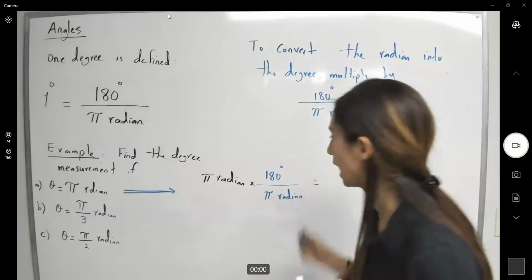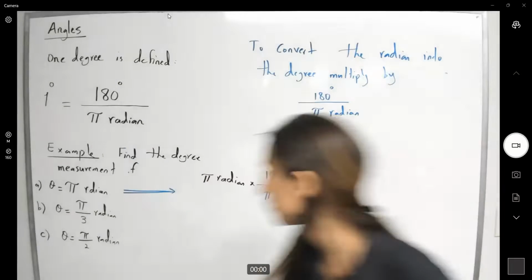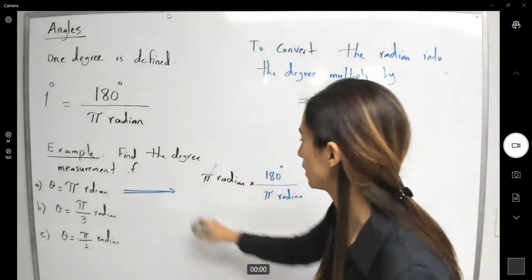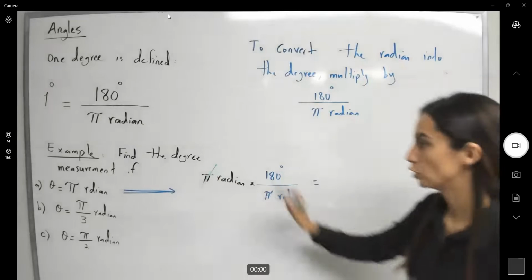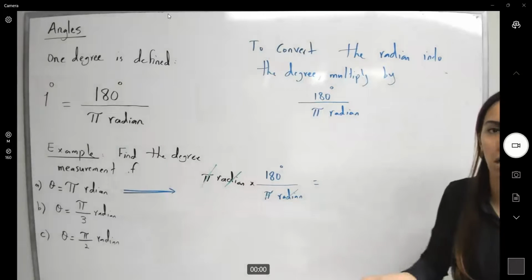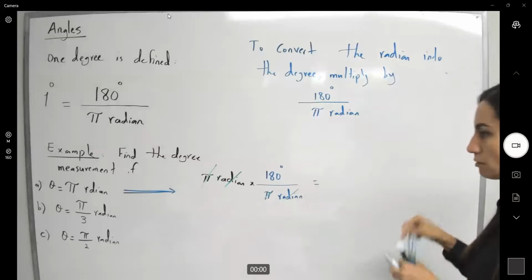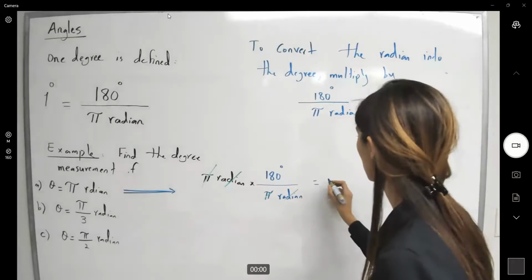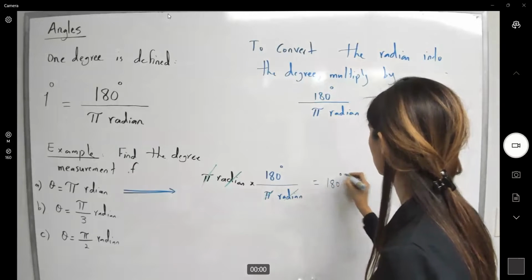Let's see what's happening here. You have common factors. You have pi and pi, they cancel out. You have the unit radian and radian, they cancel out. What's left? 180 degrees. So pi radian is 180 degrees.